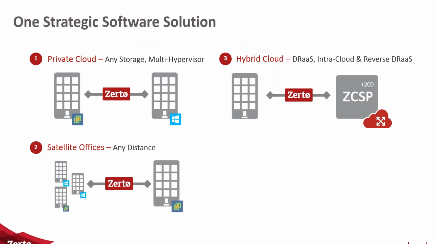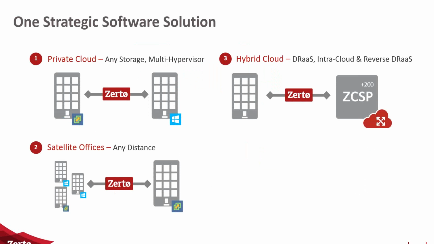You can use Zerto to replicate to our Zerto cloud service providers, of which we have over 200 that I mentioned, and this removes the need for you having to manage the cost center of having a DR site altogether, and it gives you a managed service where you can call somebody to actually initiate a failover for you.